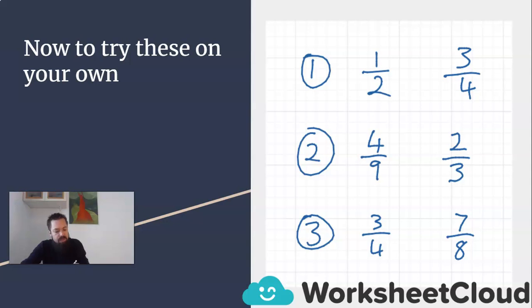So remember, the most important thing is that you want to get the denominators to be the same. If it helps you to draw them, you're most welcome to draw them. Should be busy with the second one at least. But there is no rush.